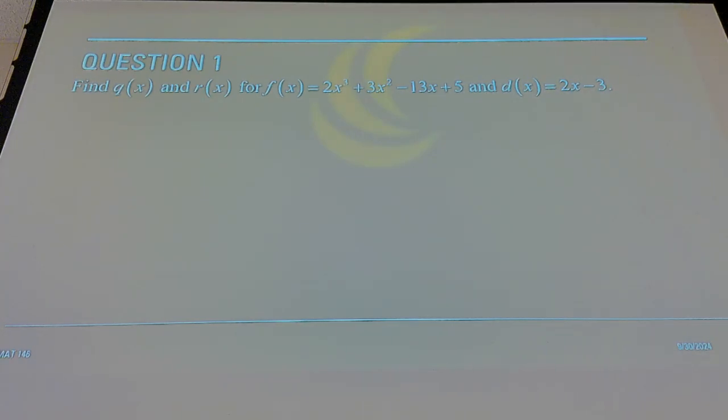So d of x is 2x minus 3. Would we be able to use synthetic division?